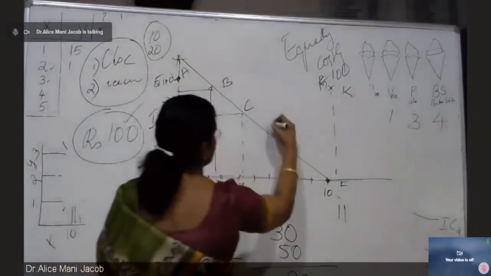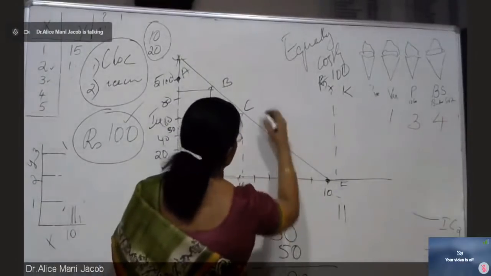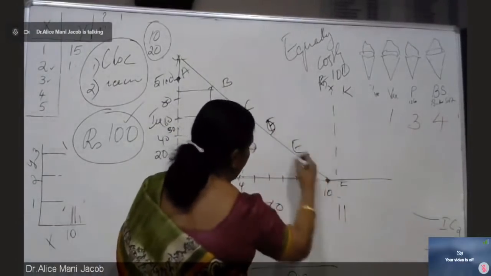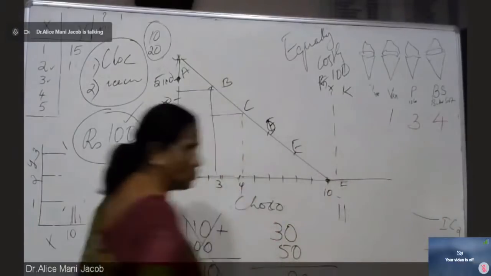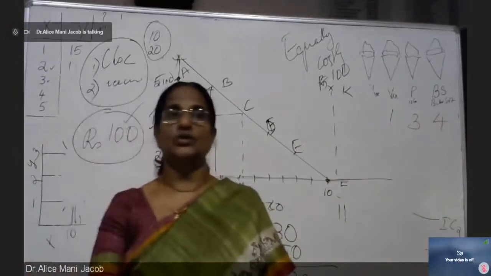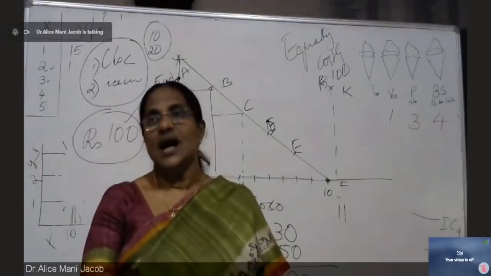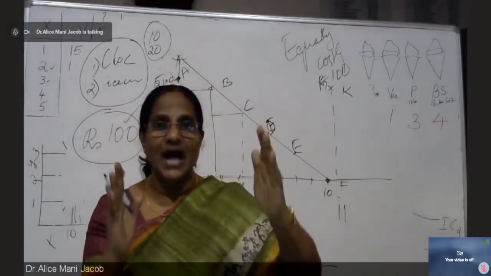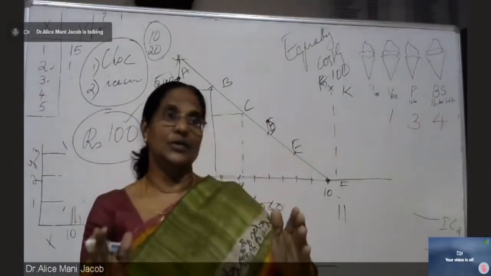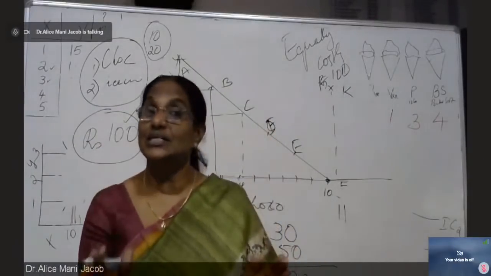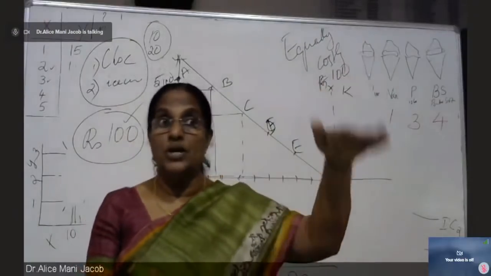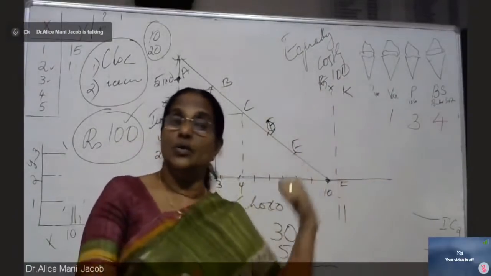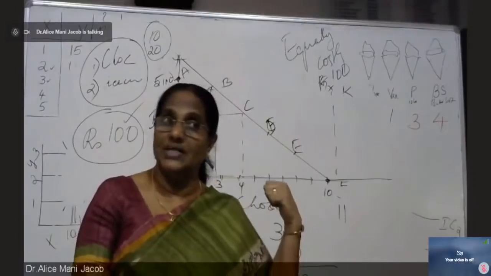You can choose C, D, E, F, any point you can choose. But usually you choose combinations. And wherever you choose, your total expenditure is your entire income, that is 100 rupees. And that is your budget line. You can't go beyond your budget line. You are spending less when you are inside your budget line.